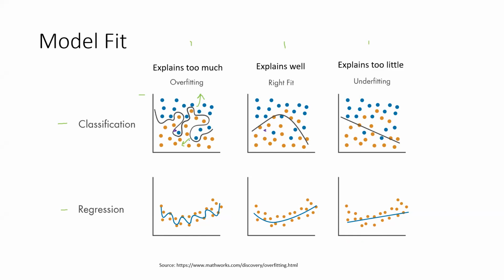But here, because of this ripple, the model will classify this data point as a blue data point, which is not correct, right? So when you have this kind of highly rippled classifier, it is not good when it comes to fitting real world data, right?